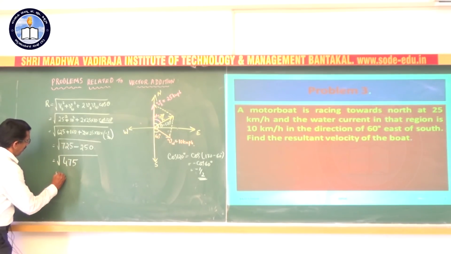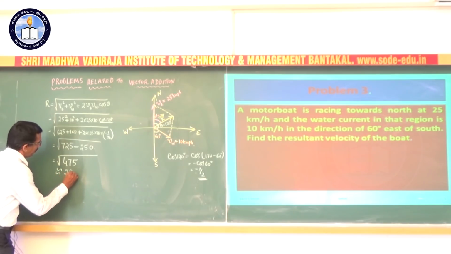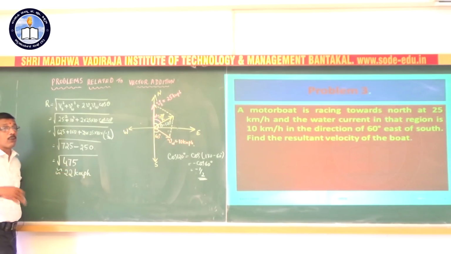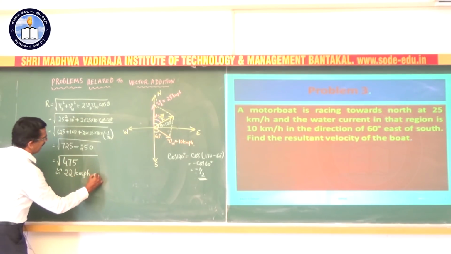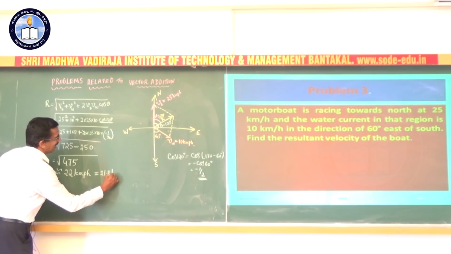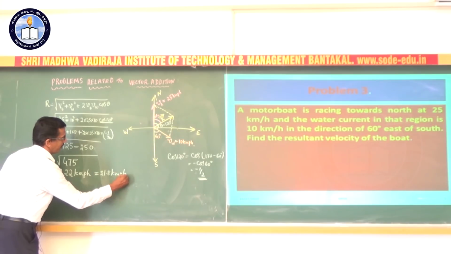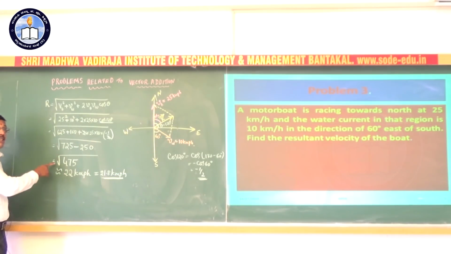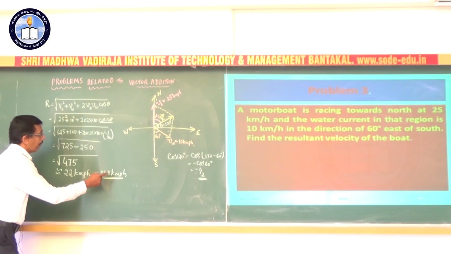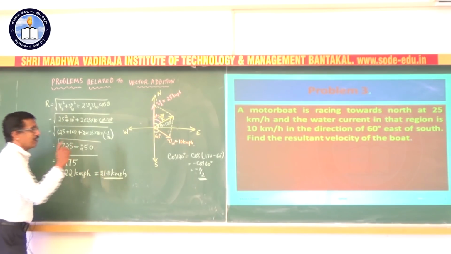Square root of 475 is nearly equal to 22 kmph, because 22 square is 484, which is nearly equal to this. Exact value is 21.8 kmph. Approximate value is 22 kmph. Exact value is 21.8 kmph.